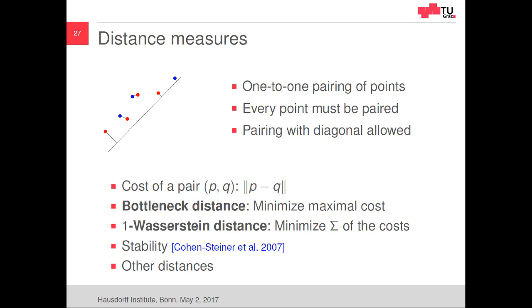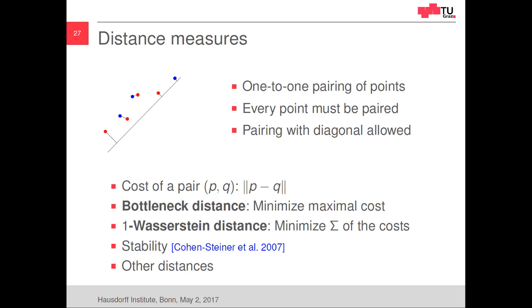Now, how is the distance defined? Well, the idea is you have two diagrams and you want to pair them in a one-to-one fashion. You have to pair every point of every diagram, but you have the special rule that if you want, you can always pair a point to the diagonal. And then you define the cost of a pair, which is just the distance with respect to some Lp metric. And now you have a choice.